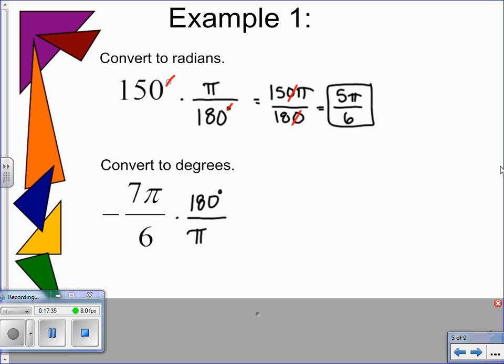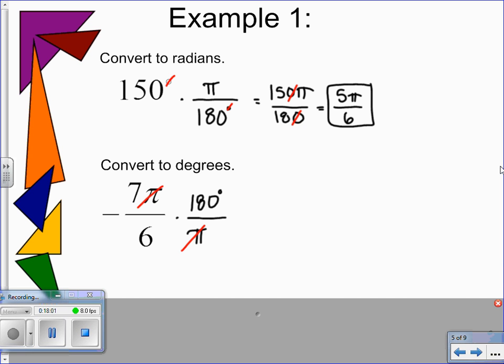I'd work with my fractions here. Pi in the numerator will cancel with the other pi in the denominator. If you wanted to, you could go to your calculators right now, and you could do negative 7 times 180 divided by 6.